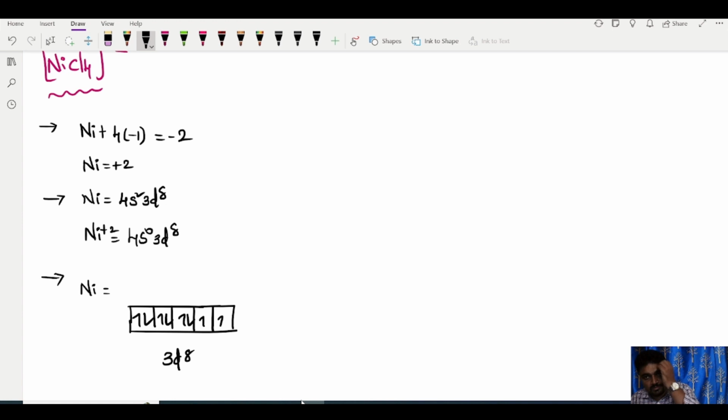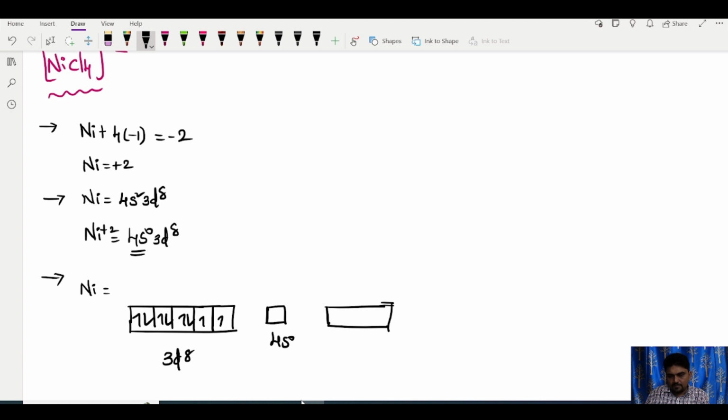Always remember, a d subshell has 5 orbitals, a p subshell has 3 orbitals, an s subshell has 1 orbital, and an f subshell has 7 orbitals. And next 4s0. The 4s you have to write later, then it will be easy to show the hybridization, like you will always have sp3. If you write s on this side and 4p on this side, you are unable to show hybridization exactly. For our convenience only we are writing like this.